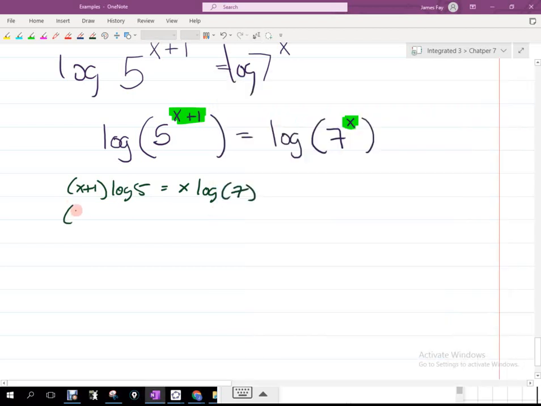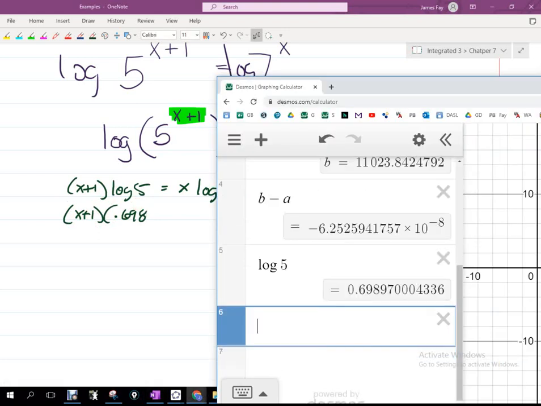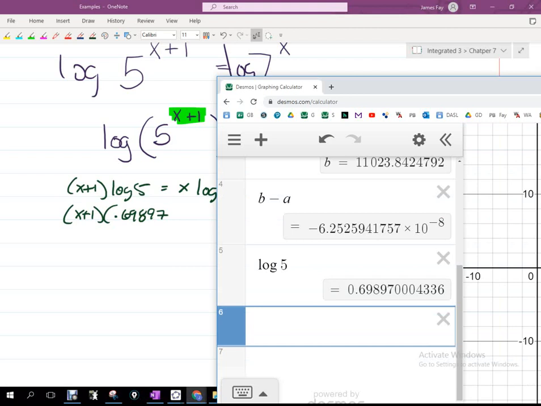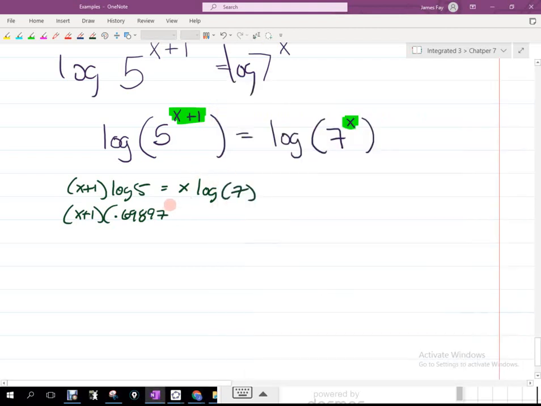So it's x plus 1 times 0.69897. Now I want to be accurate to the 3rd decimal place, so that's why I'm going out more than 3. I should probably go out 5 or 6. So that's fine. Okay, equals then x, and now log 7.